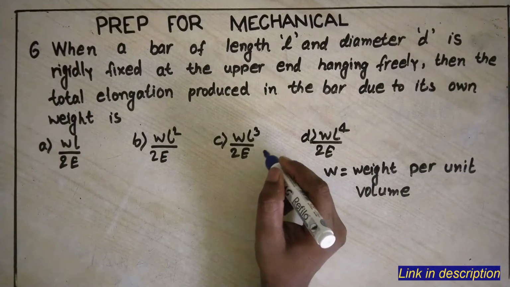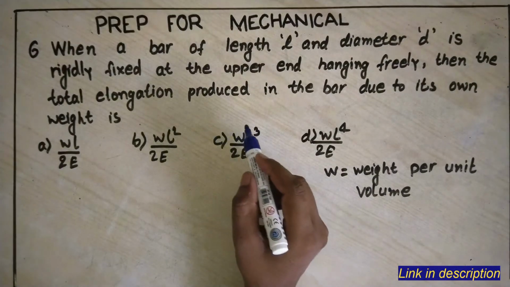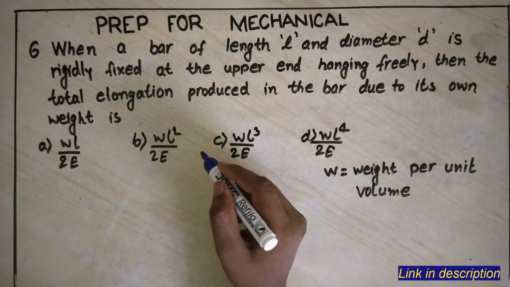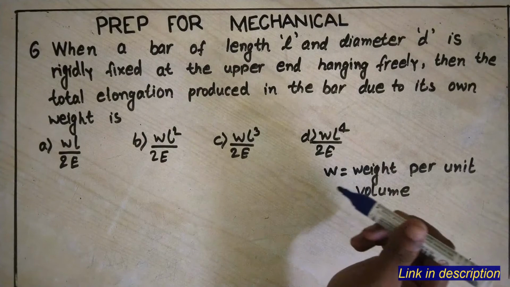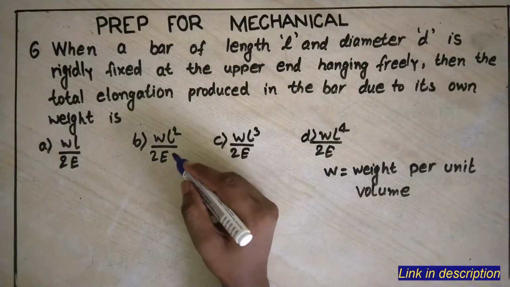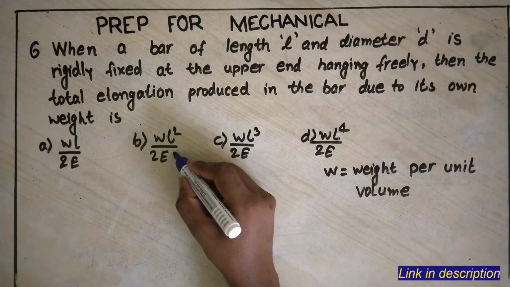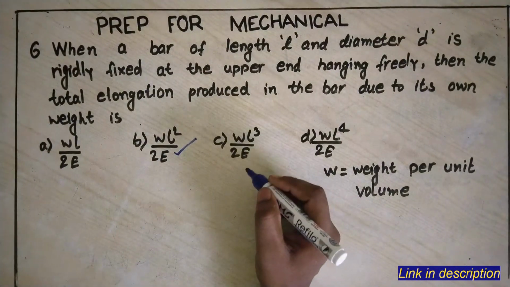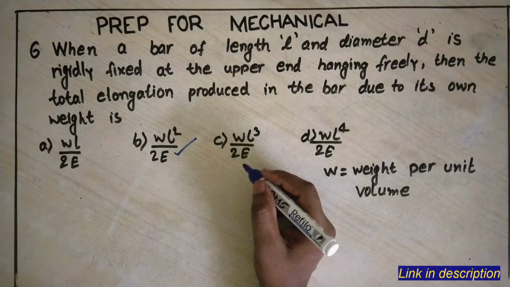I have already made a separate video on the topic elongation due to self-weight. There I have derived the formula for elongation produced in the bar due to its own weight. And the correct option is WL square by 2E. I will give the link for that video in the description. Please have a visit on that video.